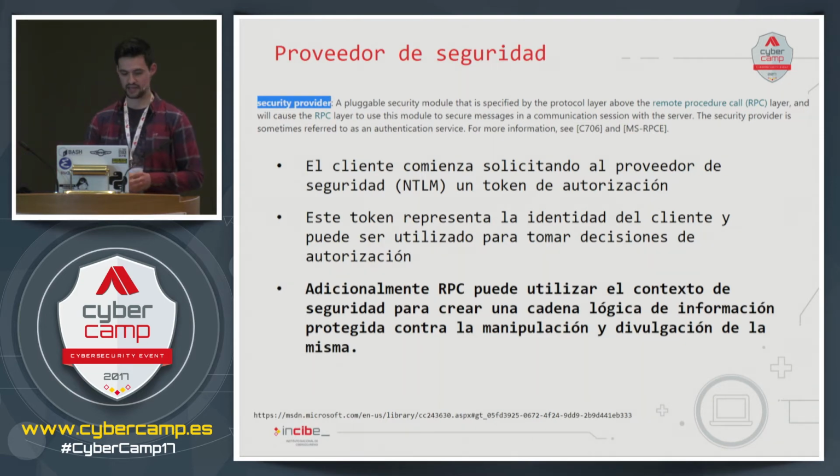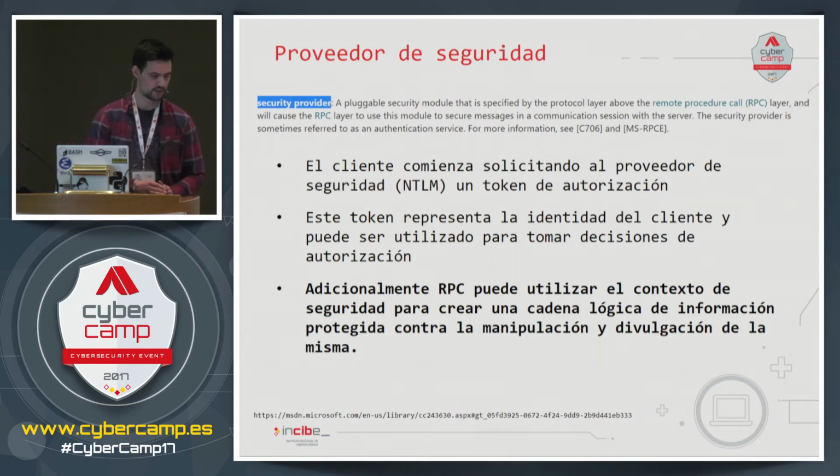We saw something in the previous slide, which was the security provider. Let's see what a security provider is. According to the MSDN, a security provider is a pluggable security module that is specified by the protocol layer above the remote procedure call and will cause the remote procedure call layer to use this module to secure messages in a communication session with the server.